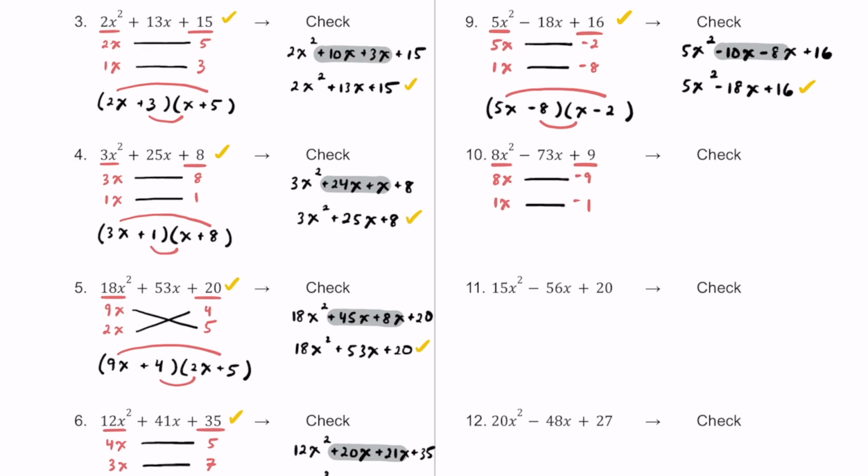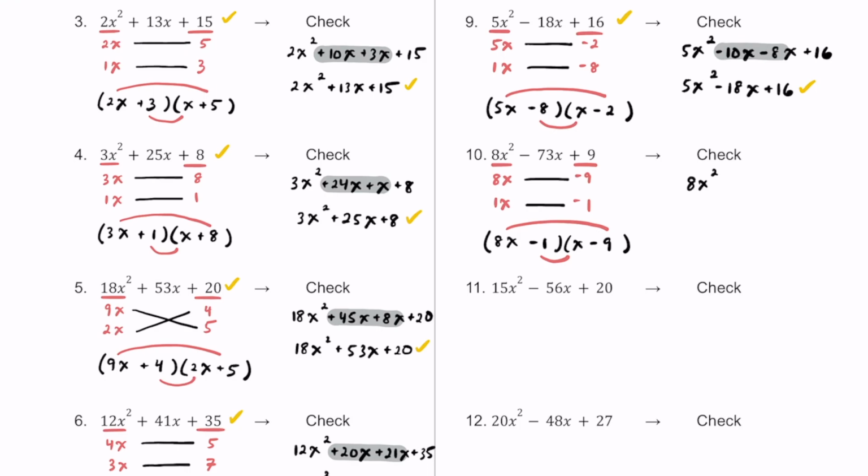Okay. If we write out the factored form here, we're going to have 8x at the beginning of this binomial, and 1x at the beginning of this binomial. 8x is being paired with this minus 9, and the 1x being paired with that minus 1. So our outers here are this pairing and this pairing. Let's check it. 8x times 1x is going to be 8x to the second power. Let's check the outers and the inners here.